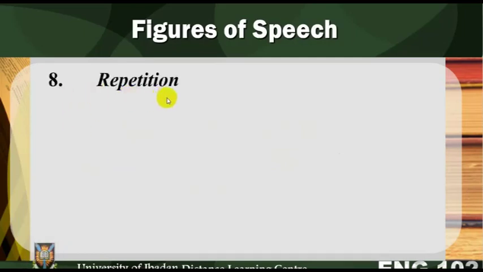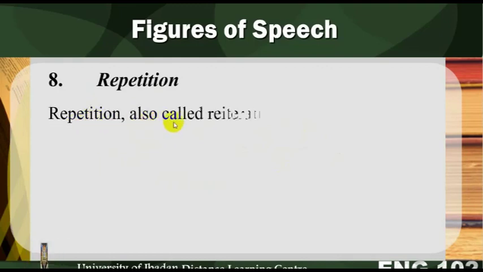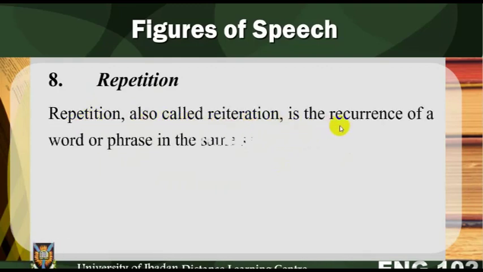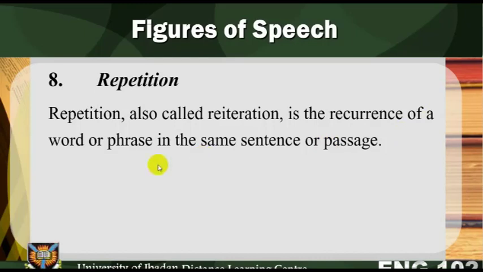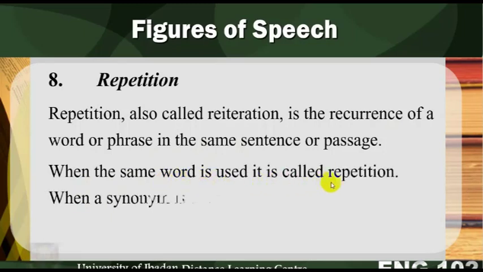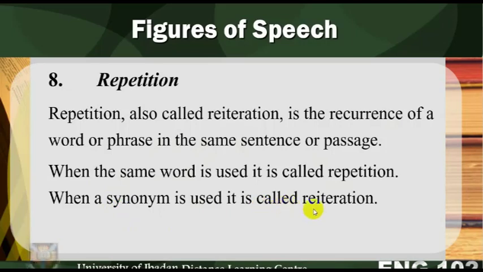8. Repetition. Repetition, also called reiteration, is the reoccurrence of a word or phrase in the same sentence or passage. When the same word is used, it is called repetition. When a synonym is used, it is called reiteration. The following are examples.